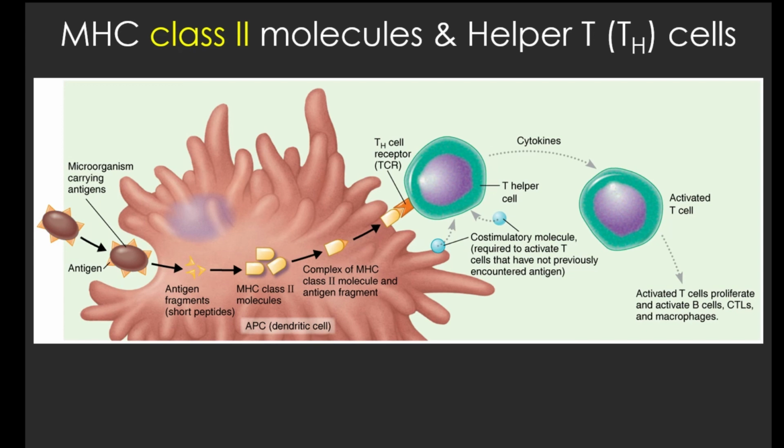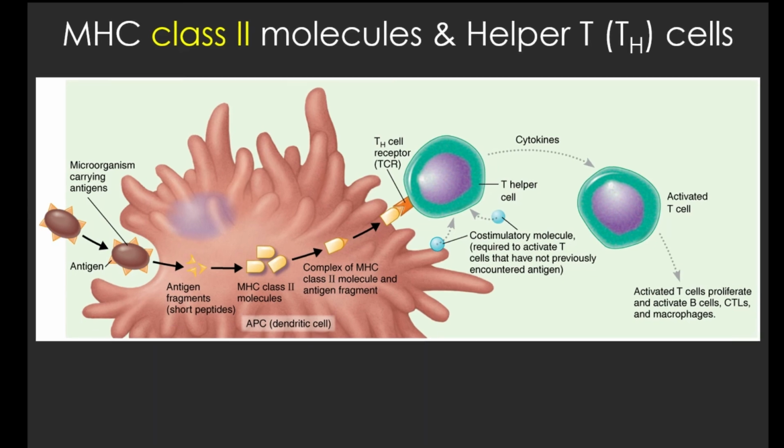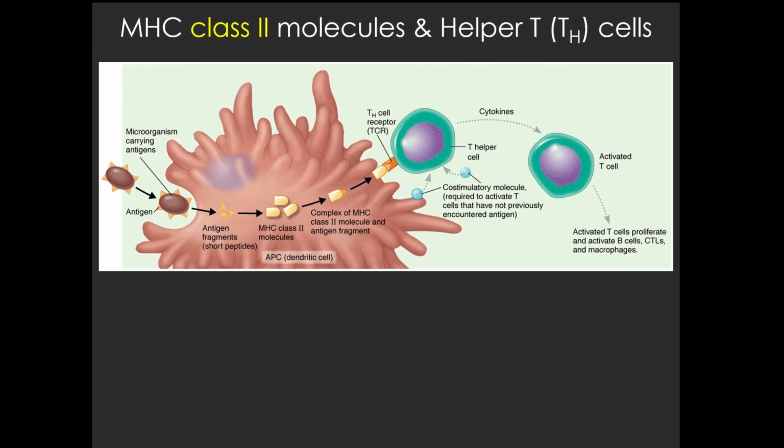So helper T cells interact with antigen-presenting cells, and really more than helping, they're sort of coordinating. They're like the general of the war effort, right? And they're doing all of the work to make sure that the immune system is functioning harmoniously and well. And the easiest way for you to realize how important a helper T cell is to consider what happens when the helper T cells are absent.